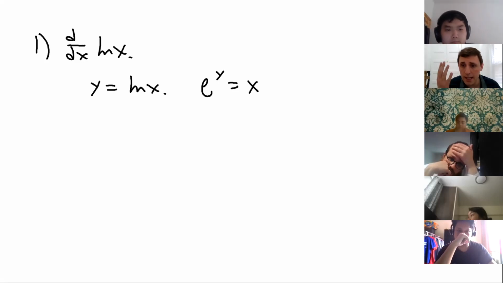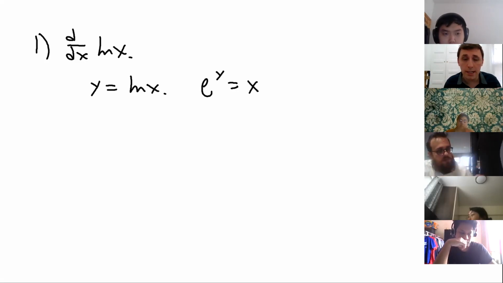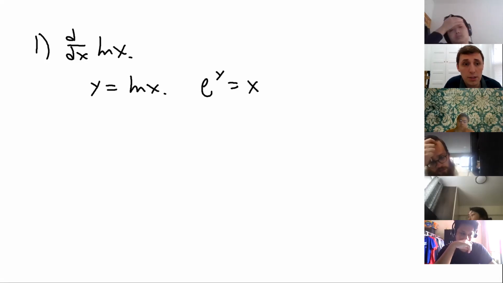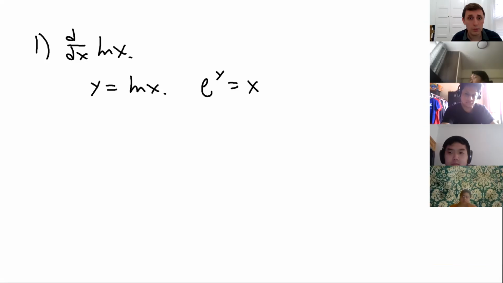Because I see ln x and e to the x as one and the same thing. ln x and e to the x are exactly the same thing, viewed geometrically. When we take derivatives, we're zooming in on a curve and seeing a tangent line. So viewed geometrically, there is no difference between the graphs. Do you understand that? That's the deep insight that we have there. And so doing that, we can write e to the y equals x.